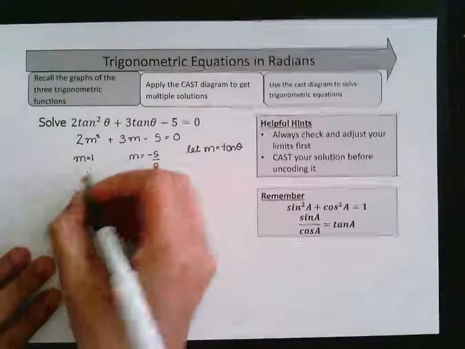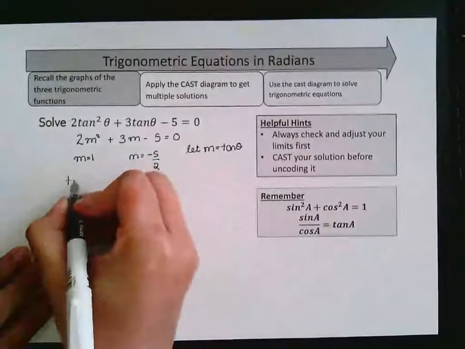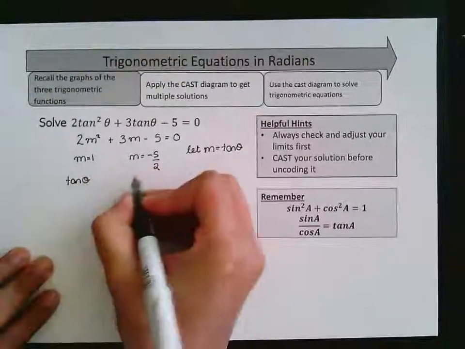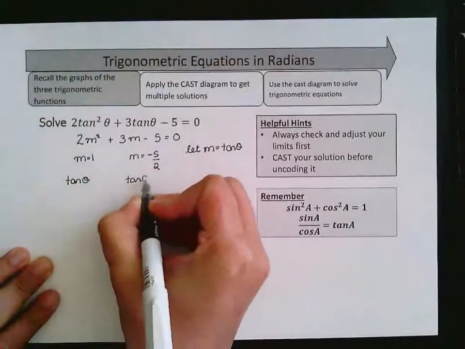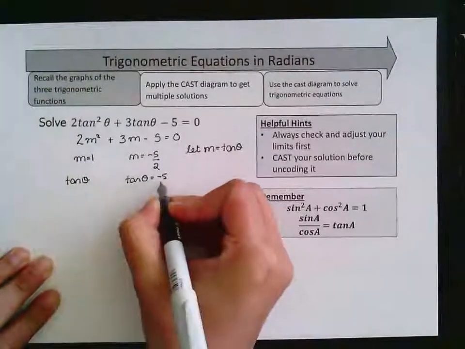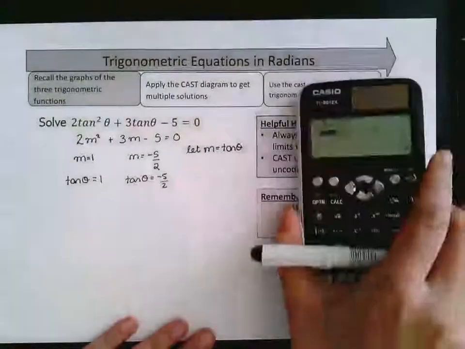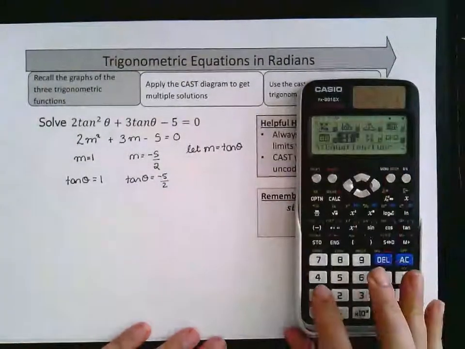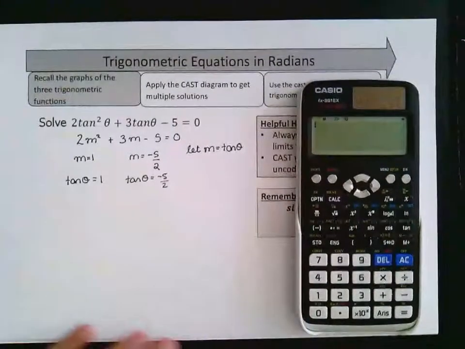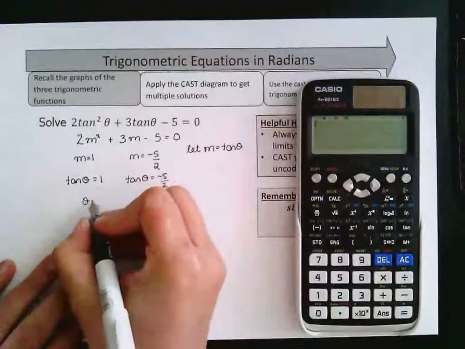So m actually stood for tan theta. So I'm just going to replace that for both. And just like I solved with any other equations, I'm going to use my calculator and find out what theta is.